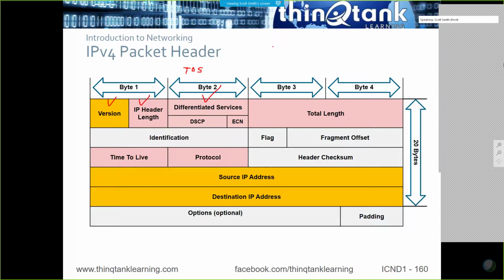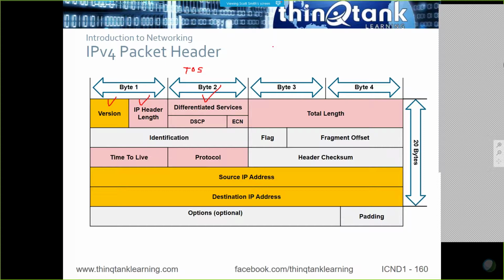In QoS, we have a couple of different things that we can do. We can queue packets. We can prioritize packets. We can police packets. So I'll mention that since that's the one question that's on the test. When you're policing data, you're setting a threshold for that data, and it's typically related to bandwidth.